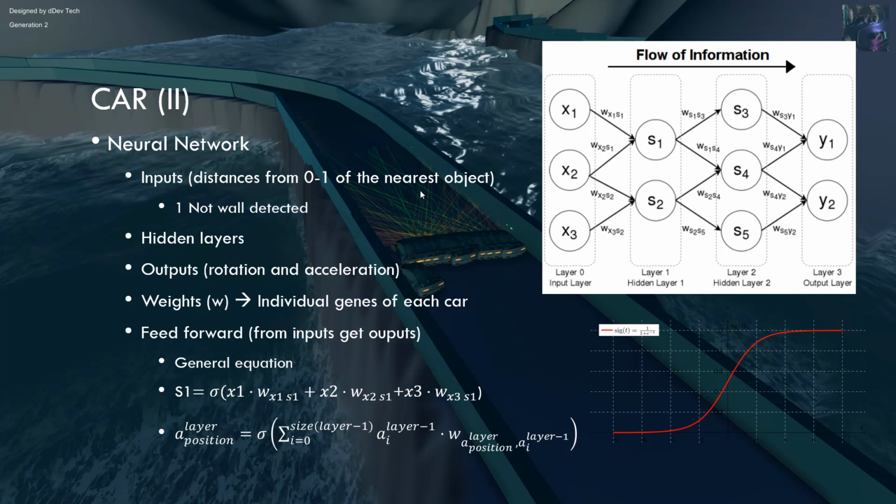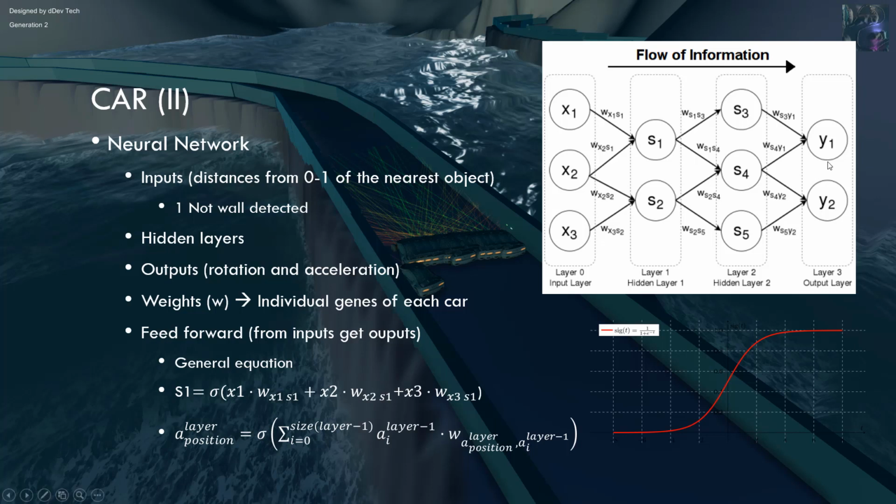The neural network that we can see here will have some inputs. Here we'll give the neural network the values of each ray of the distance that I have told, and the distance will be from 0 to 1, and if it's 1 it means that a wall is not detected.